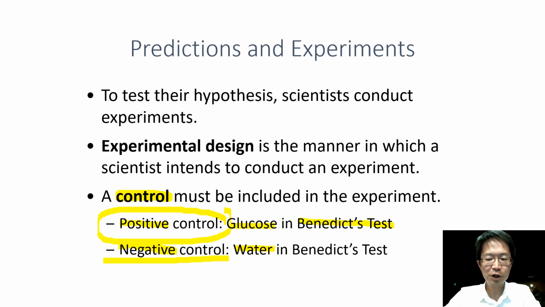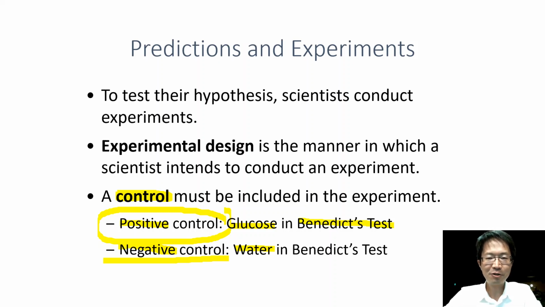Yes, we first use deductive logic to set it up, and then we have to figure out appropriate positive and negative controls. Why do we need positive and negative controls? Because if the unknown onion mash solution has glucose, we can compare the result with the positive control and the negative control tubes. If the onion test tube looks similar to the positive control, we can say the onion contains glucose.